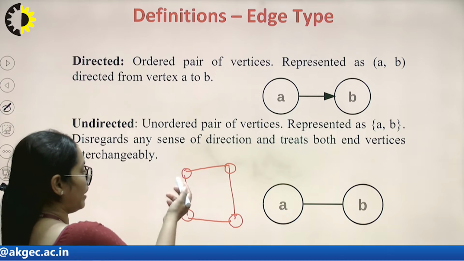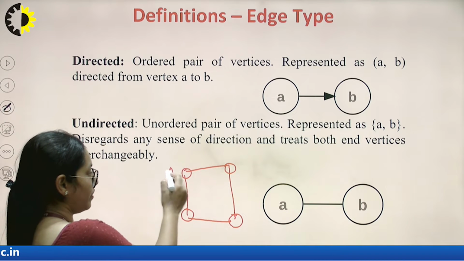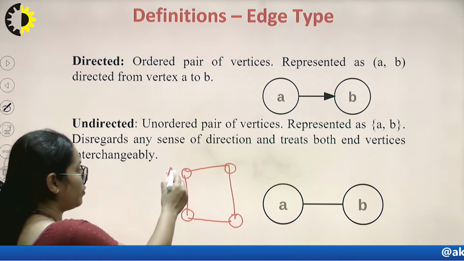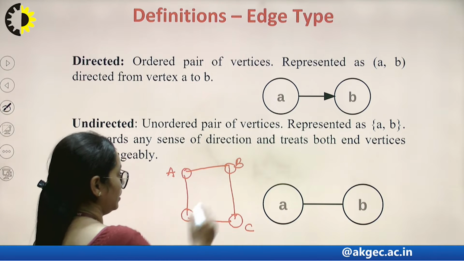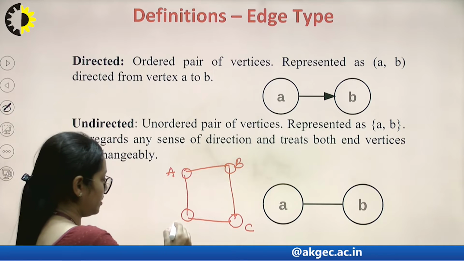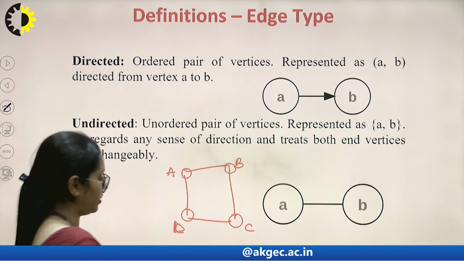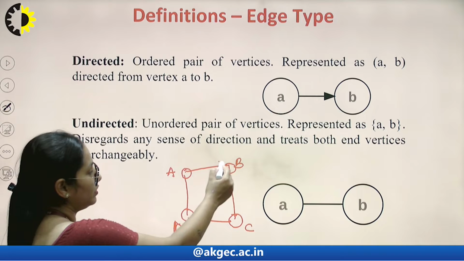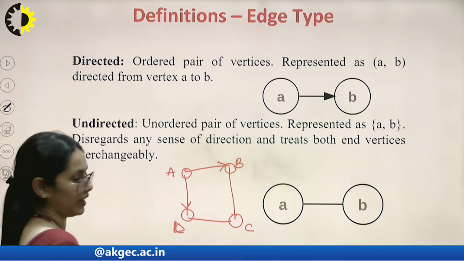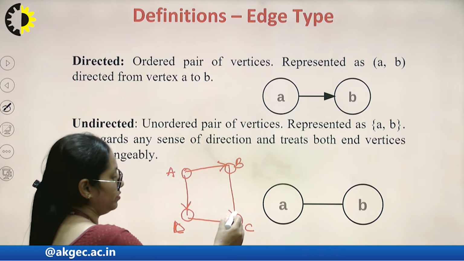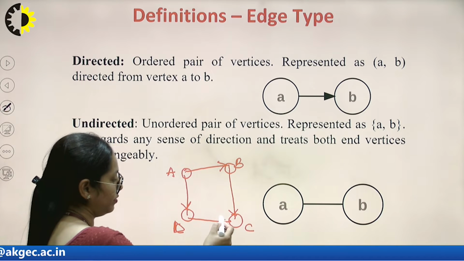Starting from A, this is your C, and there should be a direction mentioned here. This is your D. A to B there is one direction, A to D another direction, B to C a direction, and D to C.